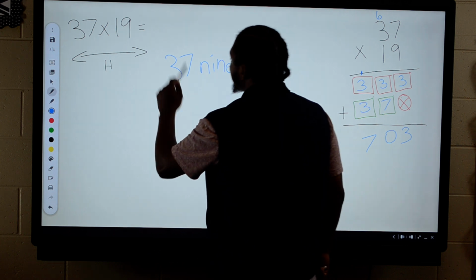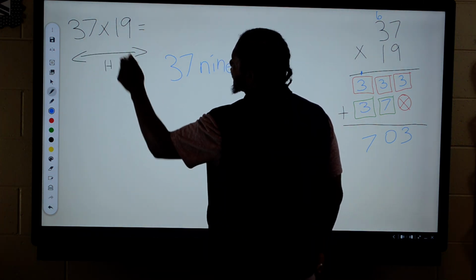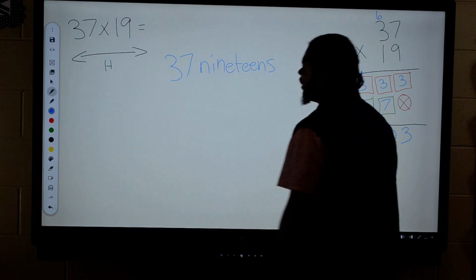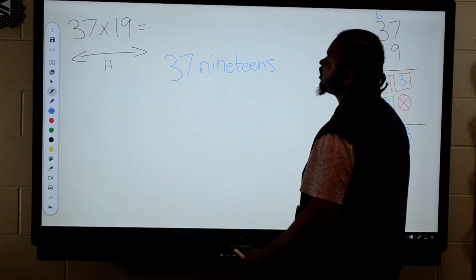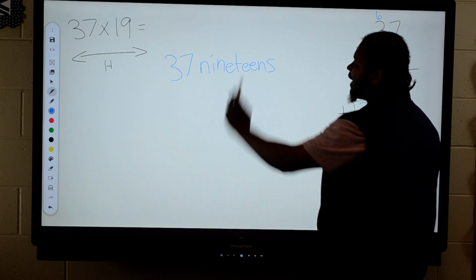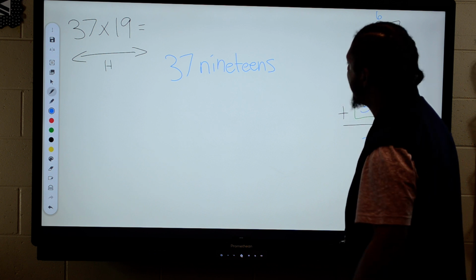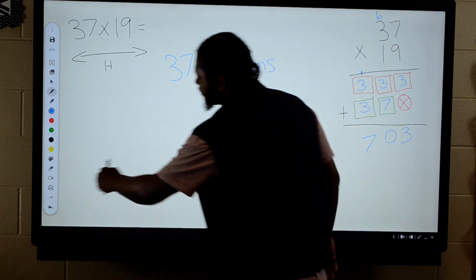So this is the same thing as saying 37/19s, or if you want to flip it, you can say 1937s. Either way, with multiplication and addition, no matter how you flip it, you'll have the same answer, okay? So we would not circle this because it is equal or equivalent to 37 times 19. So I'll get rid of that one.